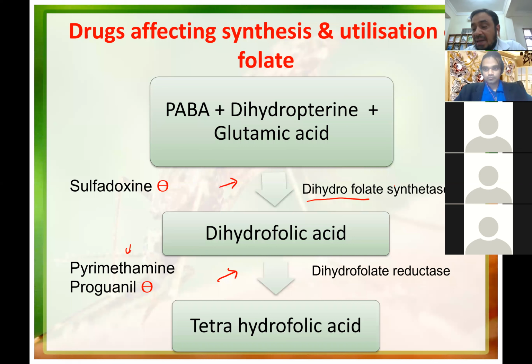So the plasmodium will not be able to synthesize its own folic acid, and that will lead to the defect in the DNA synthesis in the plasmodium. Okay, so this is an example of sequential blockade. This is the example of supra-additive action.